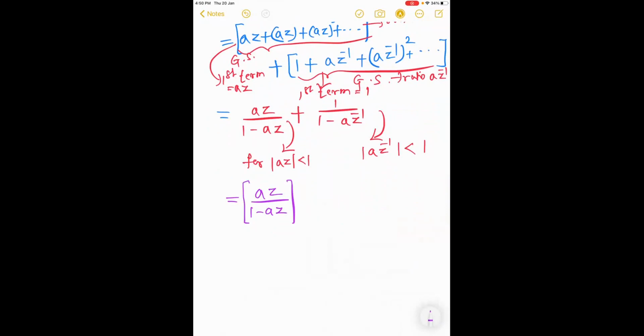That means mod z is less than 1 upon mod a. Plus for the second term, if you simplify, a upon z will come, and z will go to the numerator. So this is z upon z minus a for mod of a upon z less than 1, which means mod z greater than mod a. Am I right? Mod z greater than mod a.